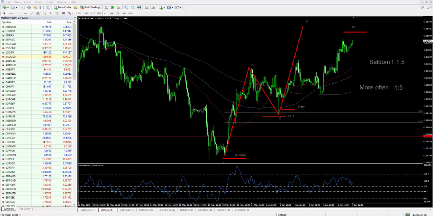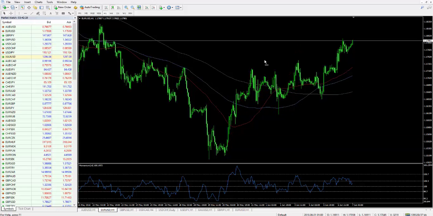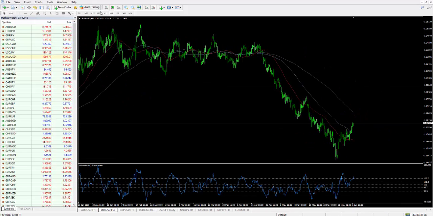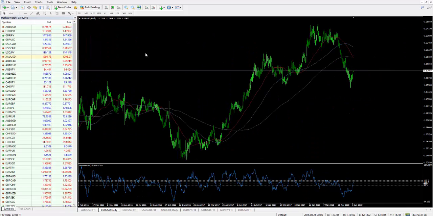Okay, resume, okay. All right, another thing that I need to point out, okay, is if you've got your chart zoomed to this extent, right, you've zoomed in too far. Just come out one more, knock it out one more go, okay? What we want to do is we want to try and see on a 1 hour chart what the guys on the 4 and the daily are doing, okay?